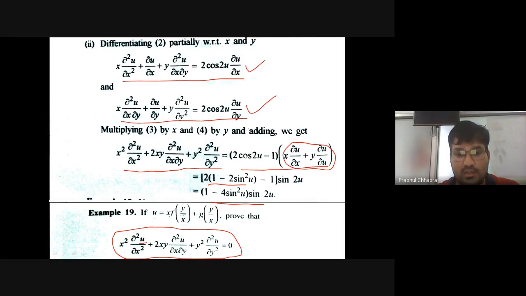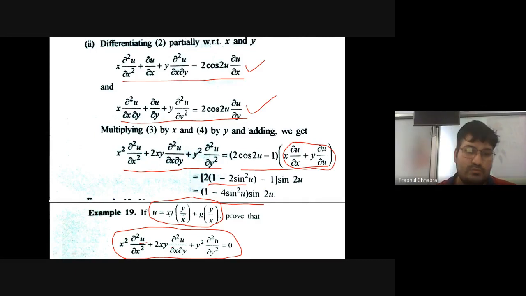But here u is the addition of two functions. We cannot say whether the given u is homogeneous or not. If it is homogeneous, what will be the degree? If it is not homogeneous, what will we do? Because this expression is the second statement of Euler's theorem, and it applies only to homogeneous functions u.